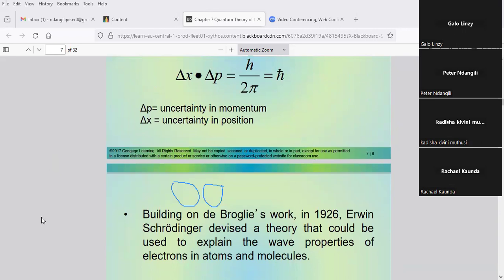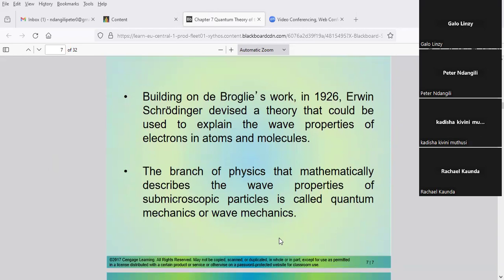Building on de Broglie's work, in 1926 Schrödinger himself came up with a theory which could be used to explain the wave properties of electrons in atoms and molecules.